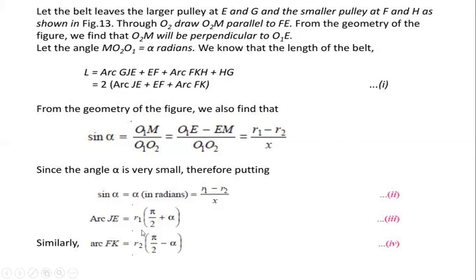Next, arc JE is taken as R1 into (pi by 2 plus alpha). Similarly, arc FK is taken as R2 into (pi by 2 minus alpha).